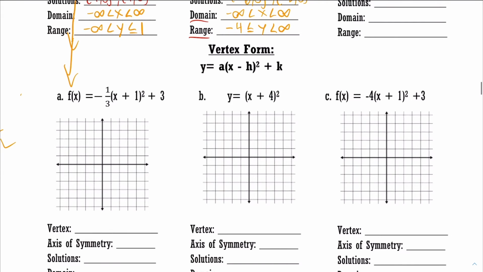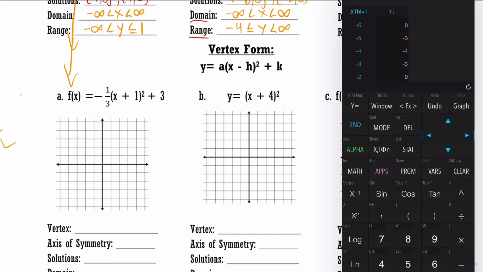Okay, now let's graph the vertex form in the calculator. It won't be that bad. The only difference is we'll have to use some parentheses, and that's it. All right, so let's do -1/3 x. Let's push the y equals, clear it out. The negative button. To do 1/3, I would just put 1 divided by 3 inside of a parentheses. Then that 1/3 is going to multiply.